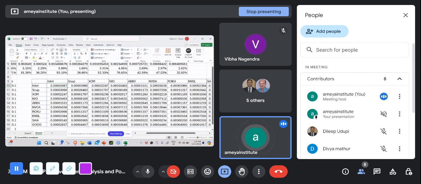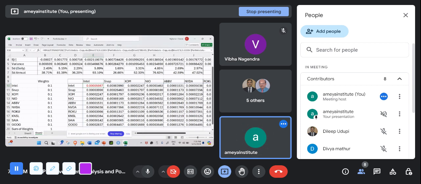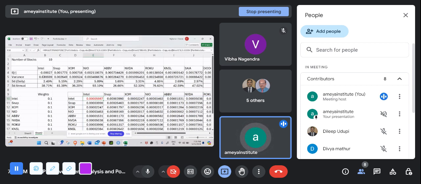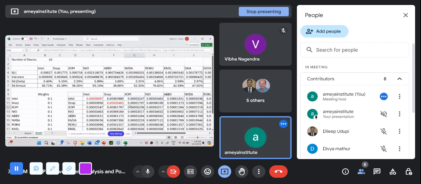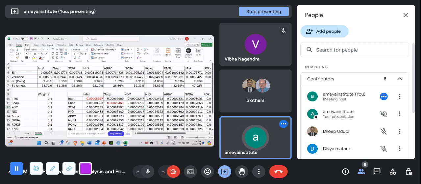So let's highlight this one, come to this one. This is one, correct? It should be the same with variance of Intel, right? Is it the same value, both? Next one. Here also we have the same value for this one, Snap company. Here also it is the same value, third one.